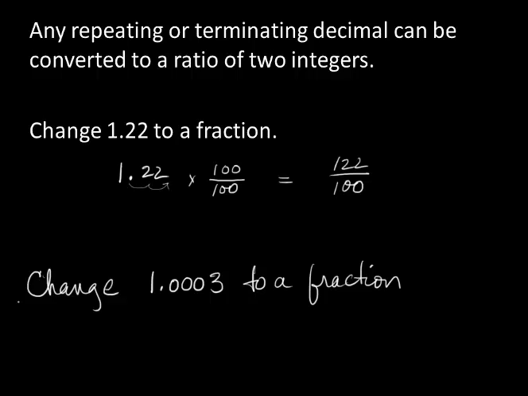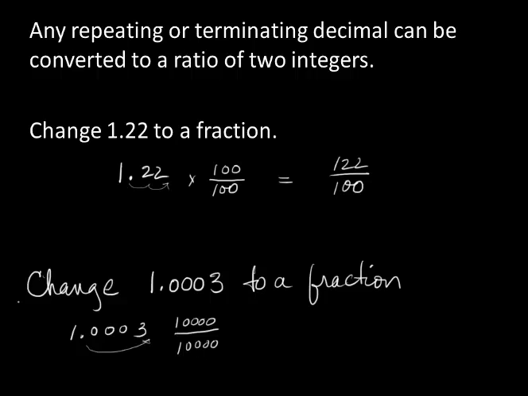Okay, the next one is exactly the same kind of problem. We have 1.0003. And I know that to move that decimal point to the right, I would want to multiply that number by a 1 with 4 zeros, 10,000. You could write 10 to the 4th, by the way.